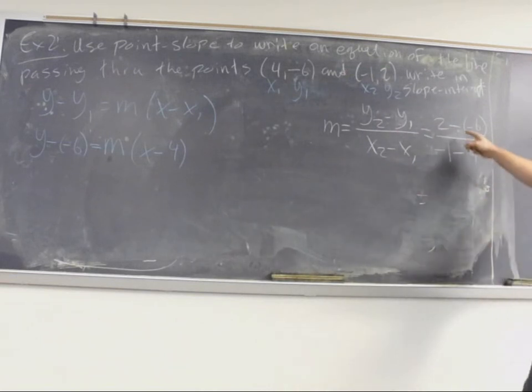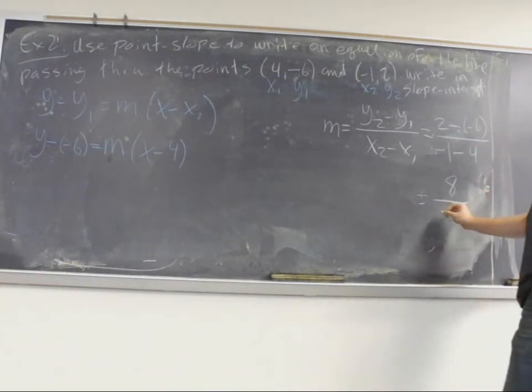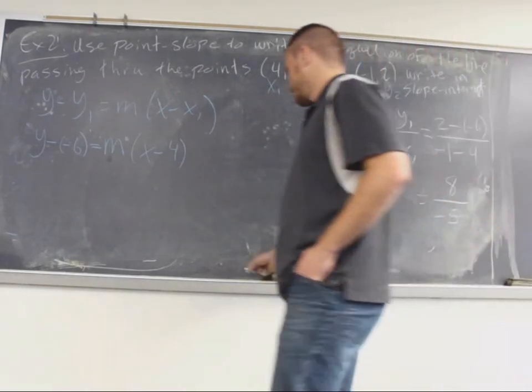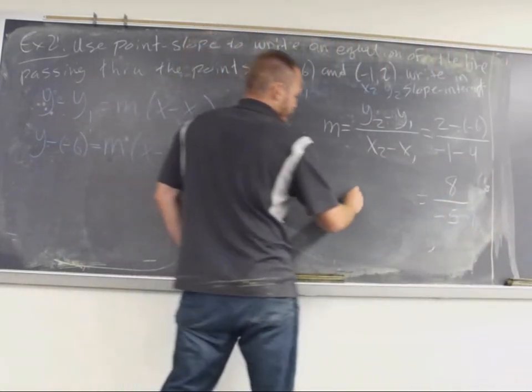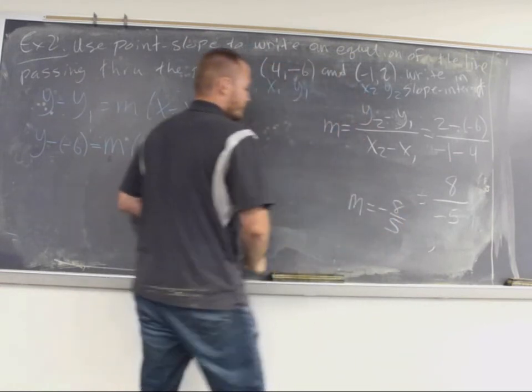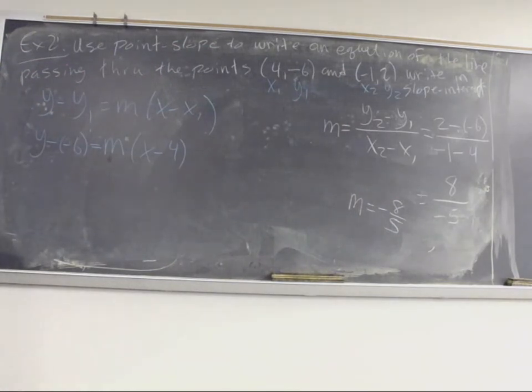I simplify this, I get 2 plus 6, which is 8 on the top, and then -5 on the bottom. So your answer is -8/5. So m is equal to -8/5. So that's what we plug into our answer now.